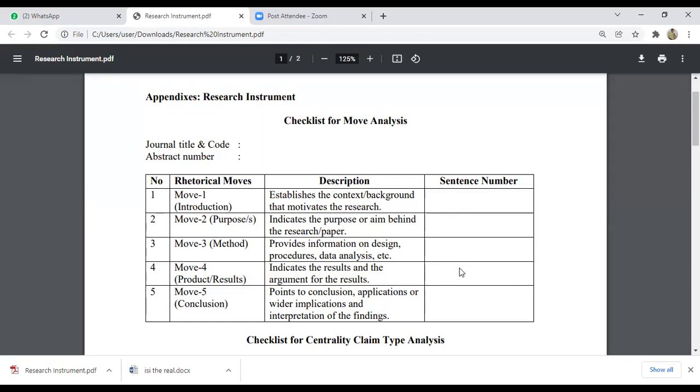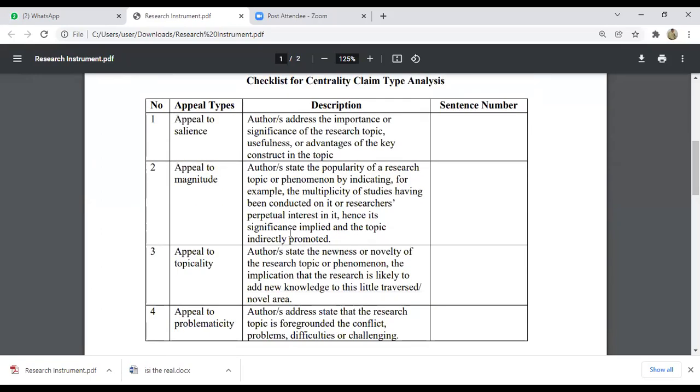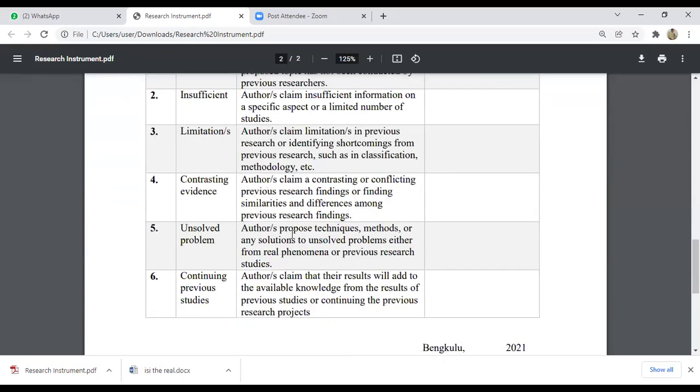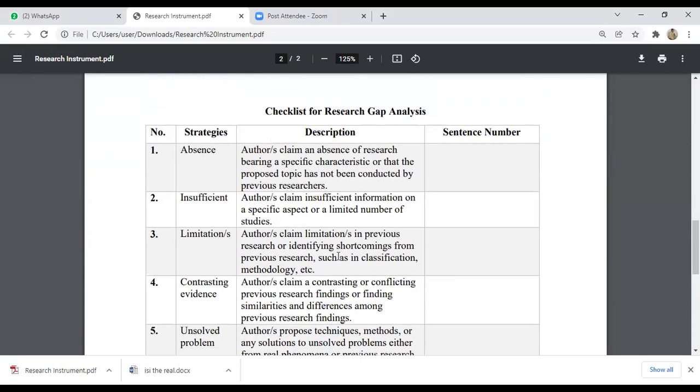So when you analyze more than one abstract, you will find the variation: the variation of moves, the variation of centrality claim, and the variation of research gap strategy.